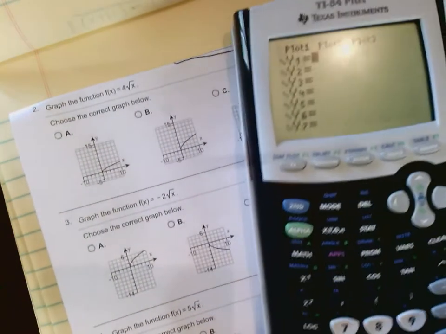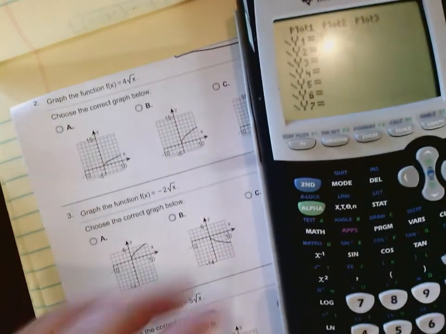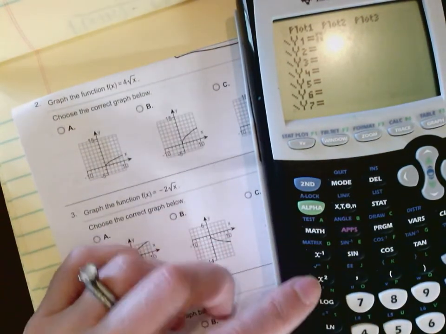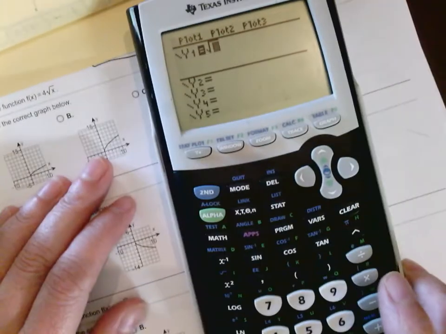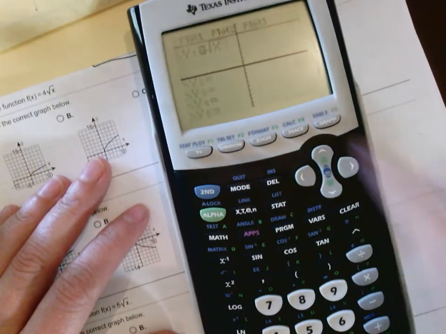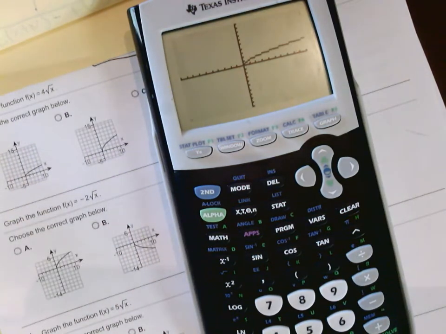So on your calculator, you'll hit the second, and then if you look above x squared, there's that square root symbol. So punch in your square root and then the x, and let's graph that and see what it looks like. That is what the standard square root of x graph is going to look like.